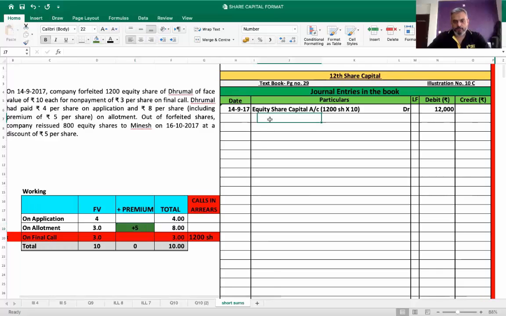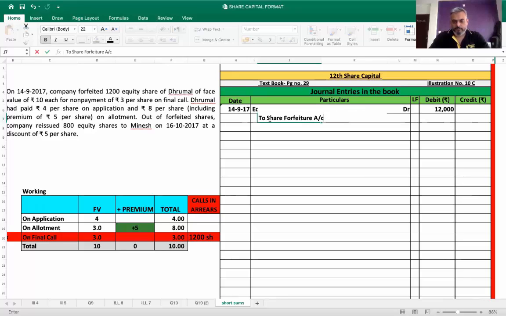So directly to share forfeiture account, bracket 1200 into, we will forfeit what? 4 and 3, 7, because premium what we received was already credited to security premium and we have already received that money.